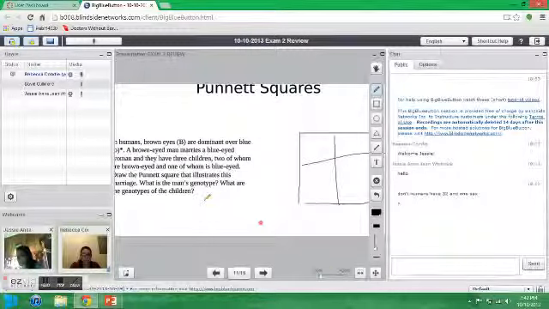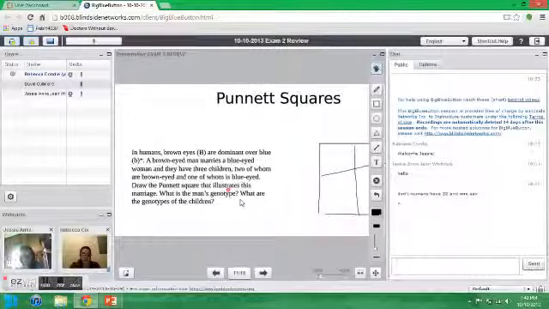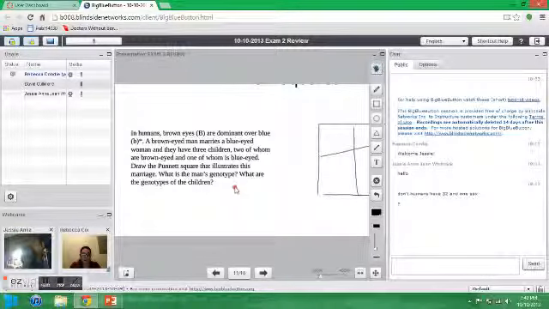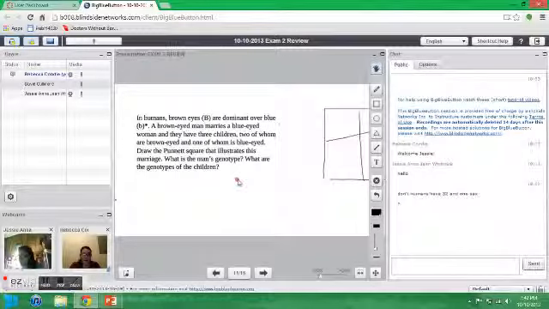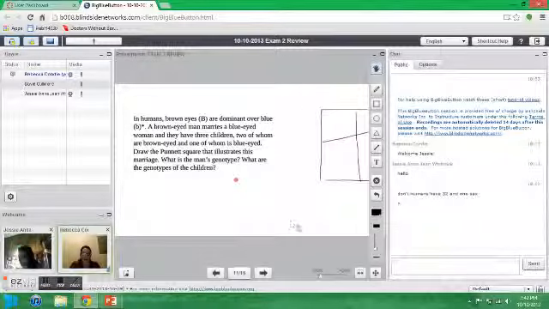Oh wow, lovely square there. Alright, so the question, it's probably a bit small. Let me see if I can zoom in a bit. Is that better? Okay.